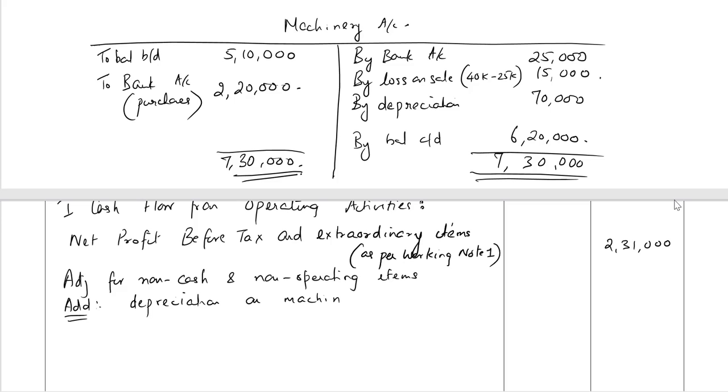As per the machinery account, the depreciation on machinery is 70,000 rupees. There is also a loss on sale of machinery, amount 15,000 rupees.